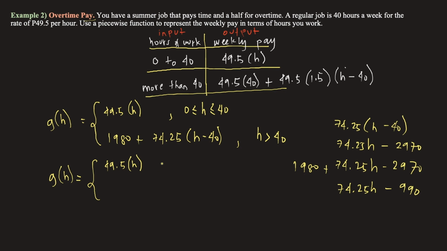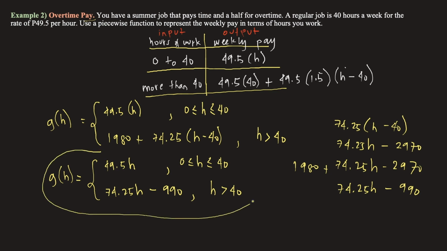We can just remove the parentheses and write directly 49.5h, whenever we work a regular hour between 0 to 40, and then the second condition is 74.25h minus 990 whenever we work overtime, that is h is greater than 40. So this is our final answer.